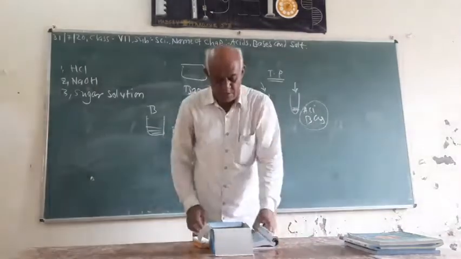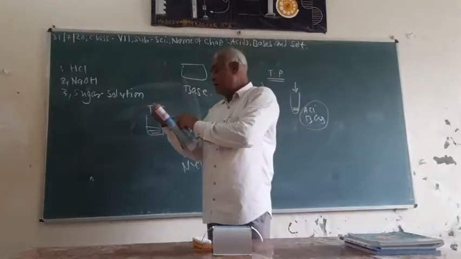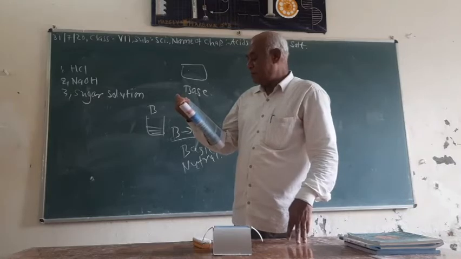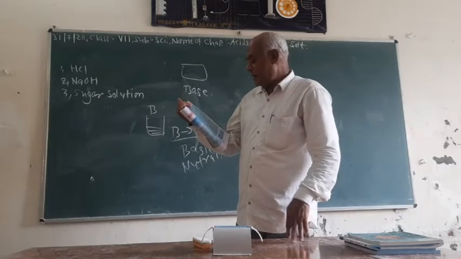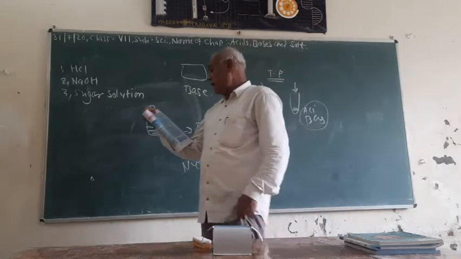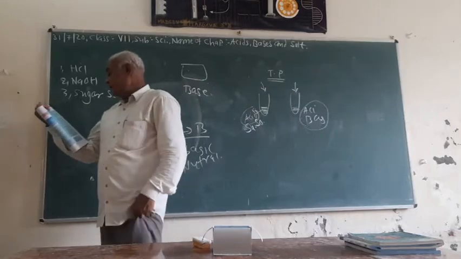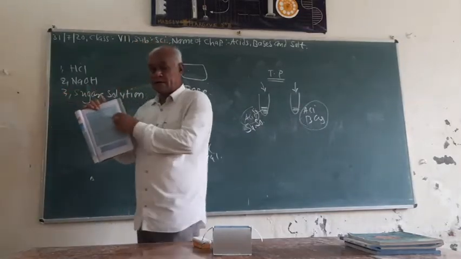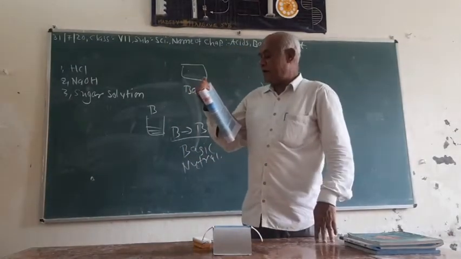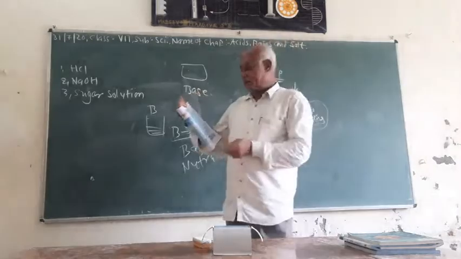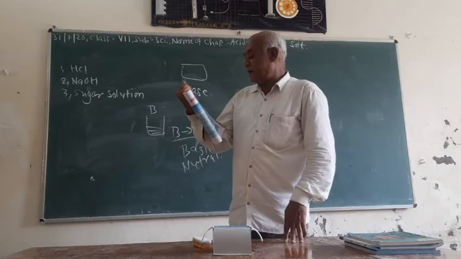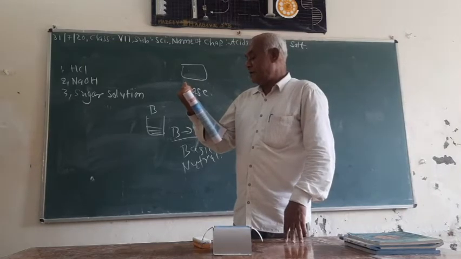Now, the last question. Consider the following statements. Four statements are given, and we are asked which of these statements are correct. First statement, both acid and base change the color of an indicator, is a wrong statement. Second statement, if an indicator gives a color change with an acid, it does not give a change with a base.